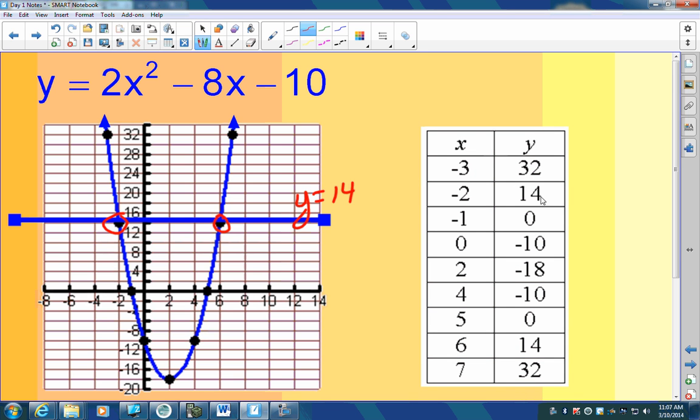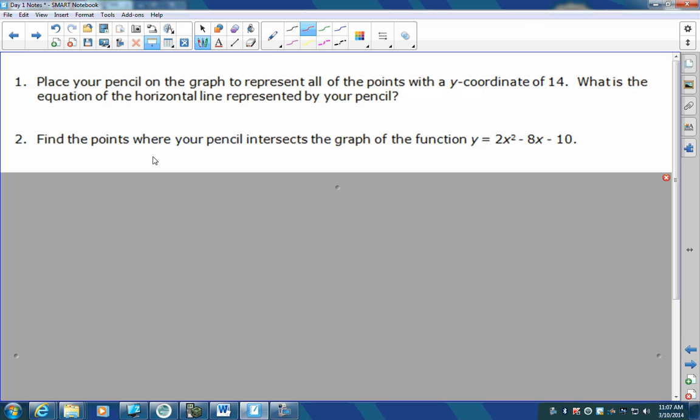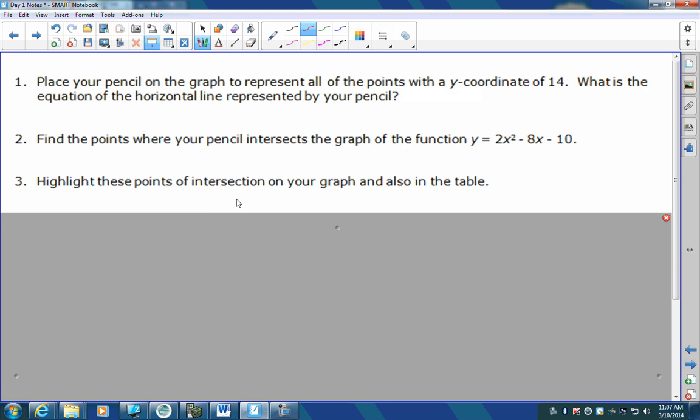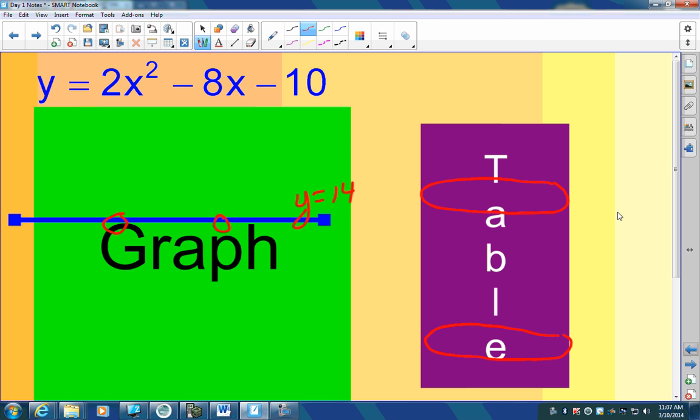And on our table, let's circle where the y's are 14. Now, right here, it says find the points where they intersect on your graph. Highlight these points and intersections on your graph and on your table. So right now, this is all we're doing.